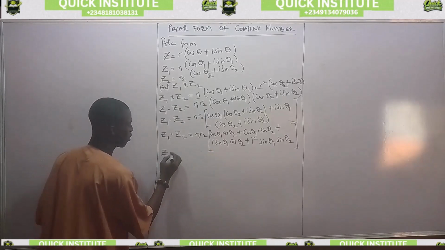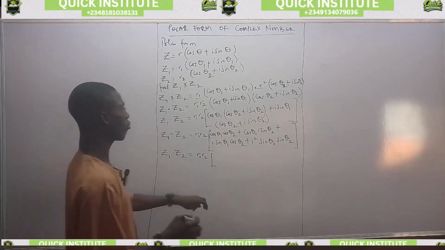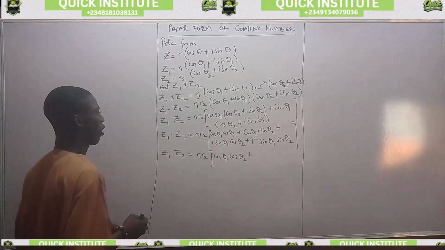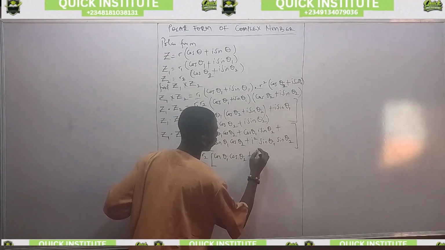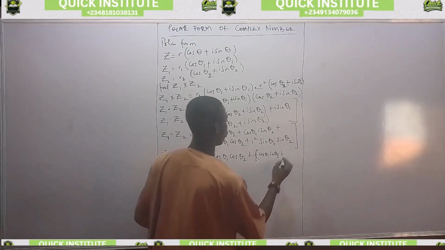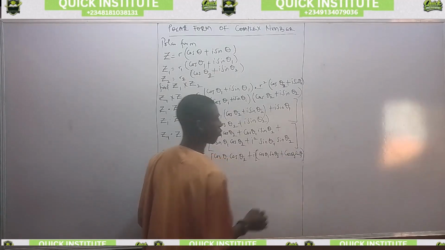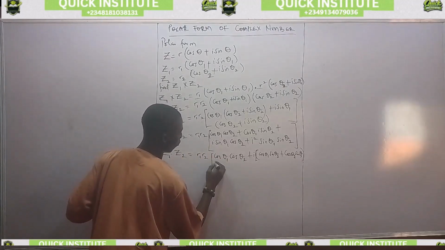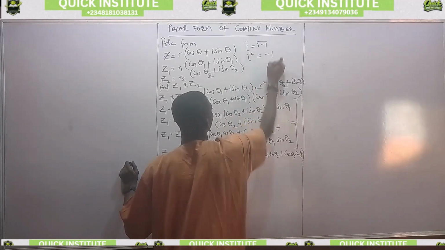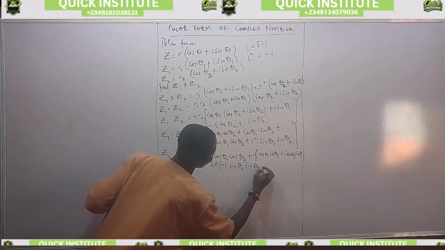From here, z1 z2 equals r1 r2 times [cos theta 1 cos theta 2 plus, let's factorize i out, i (cos theta 1 sin theta 2 plus cos theta 2 sin theta 1), plus, since i equals root minus 1, i squared will be minus 1, so minus sin theta 1 sin theta 2].